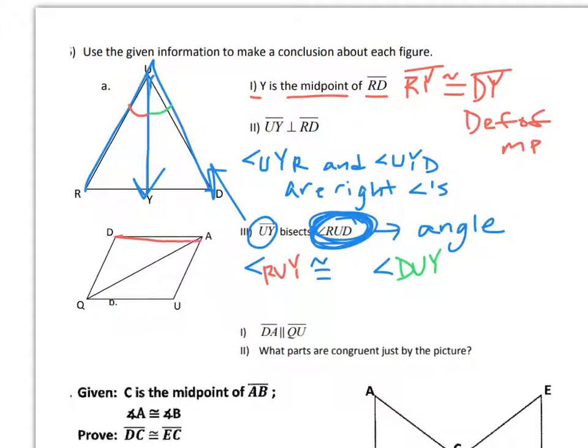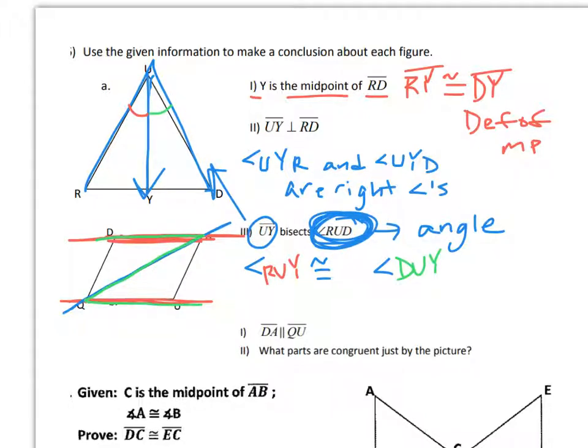DA is parallel to QU. When you're talking about parallel, I want you to imagine that these sides just keep going out. Now do you see we have this diagonal going through? That's like a transversal back in Unit 3. So we actually have two different things you could conclude. Remember we made a zigzag?